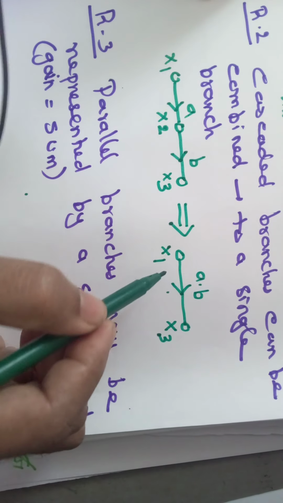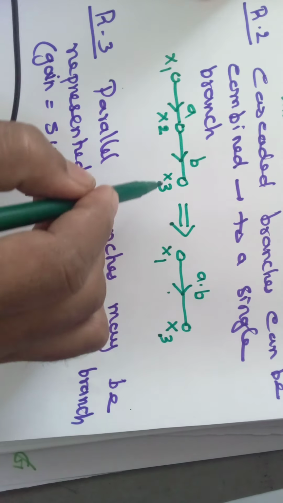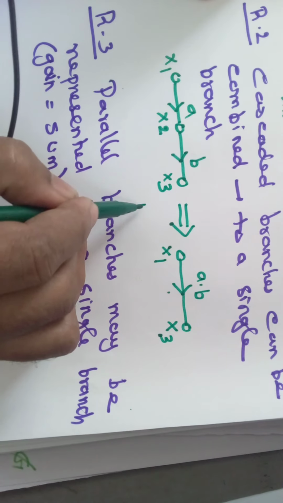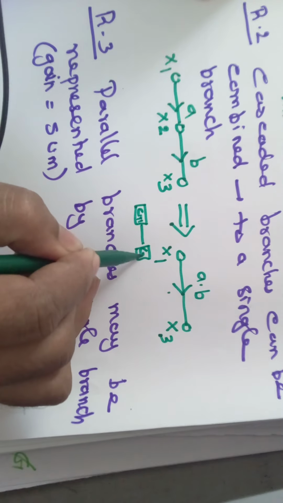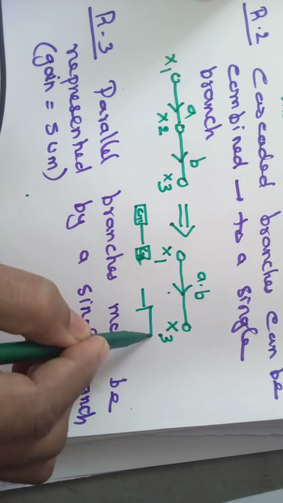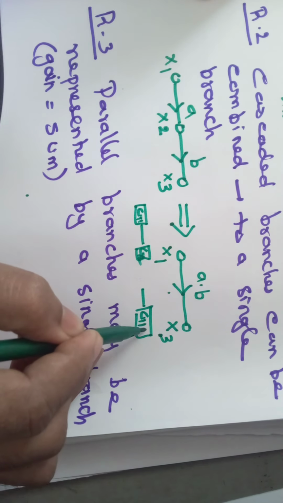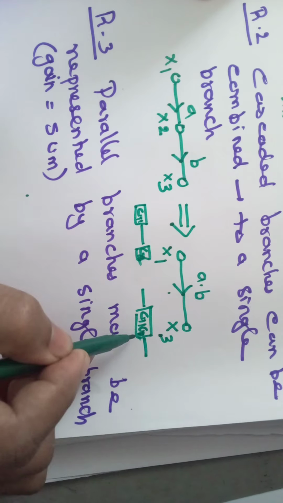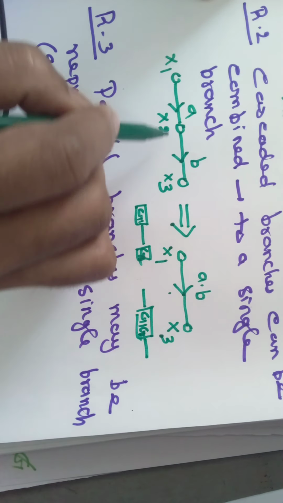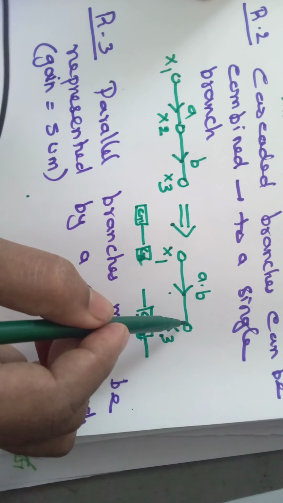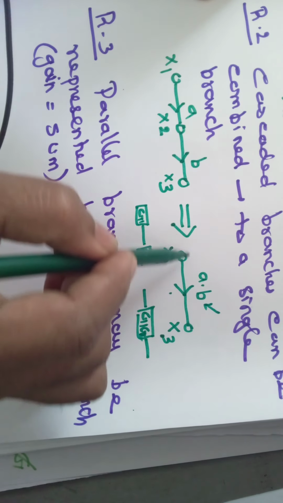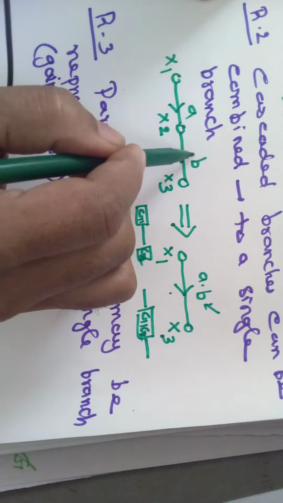Similar to block diagram reduction, if you cascade two gain blocks g1 and g2, the resultant will be a single block with the product of the gains g1 and g2, right? Similarly here also, if two branches are cascaded into a single branch, then the gain is nothing but the product of the individual gains.